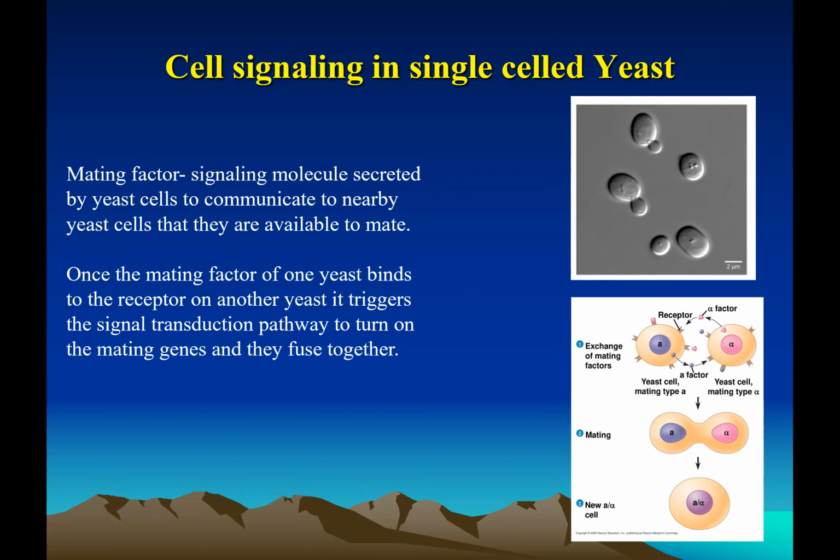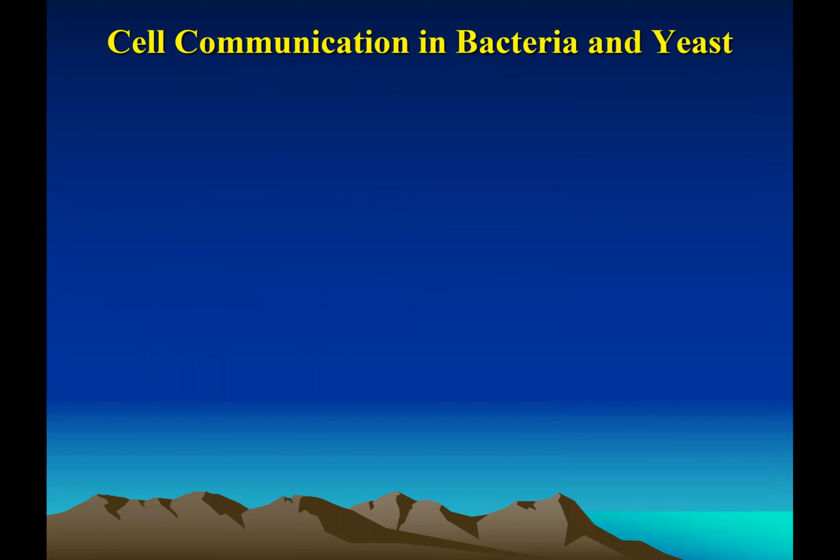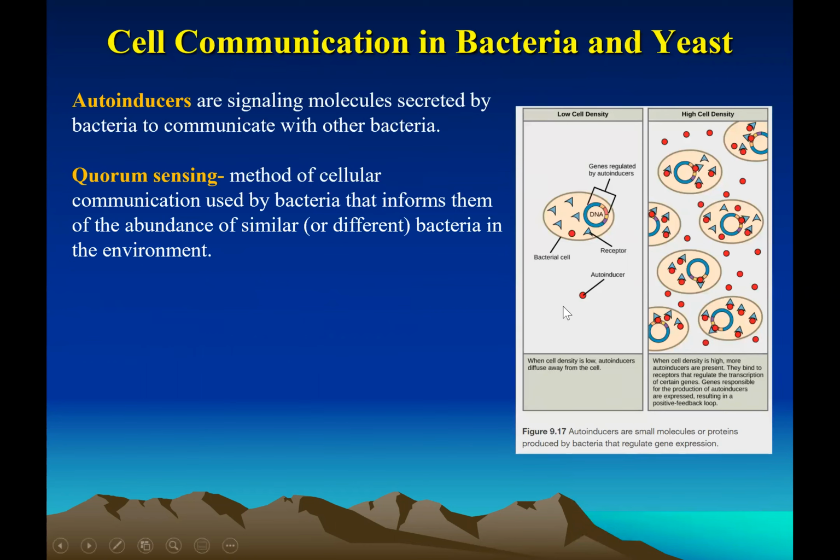Another very interesting cell communication that we see in bacteria is that some bacteria can produce autoinducers. So autoinducers are signaling molecules that will be secreted by the cell, and it's actually looking for other bacteria. See, if it's one bacteria, it's very easy to treat.